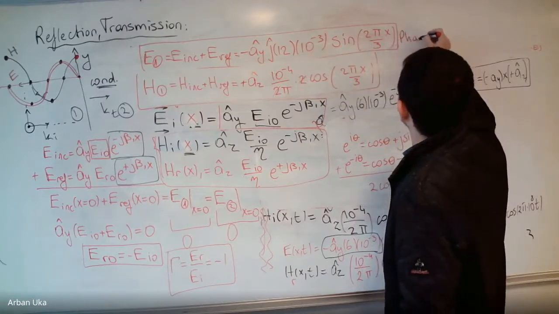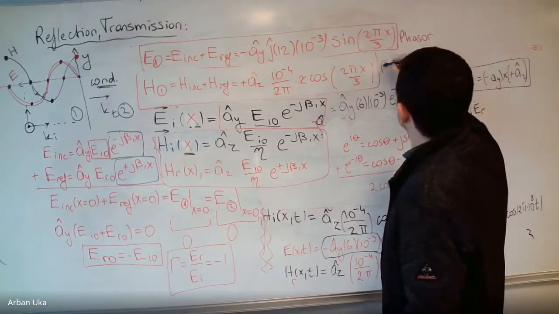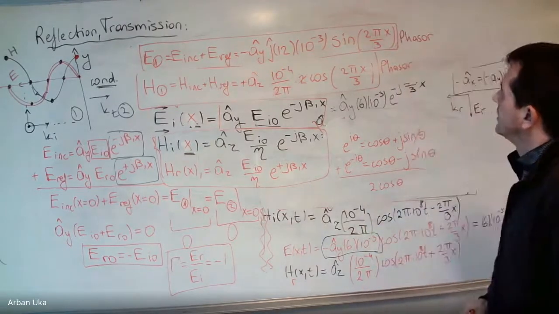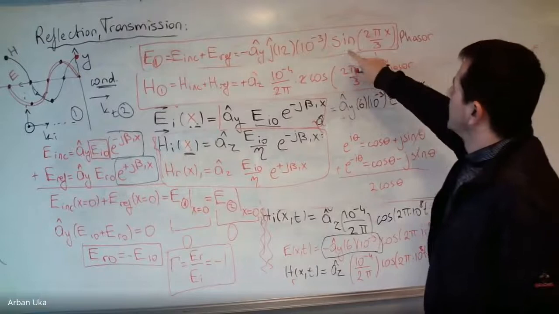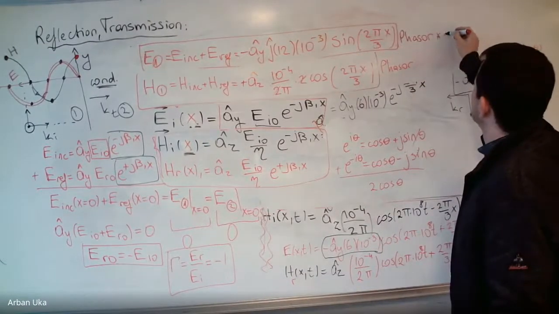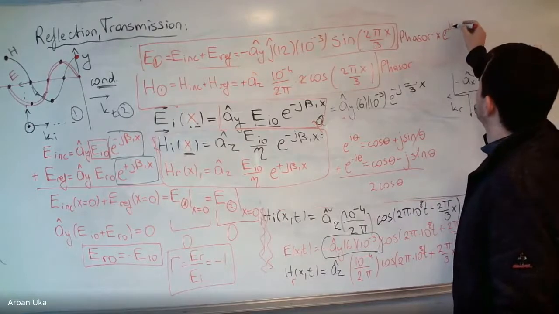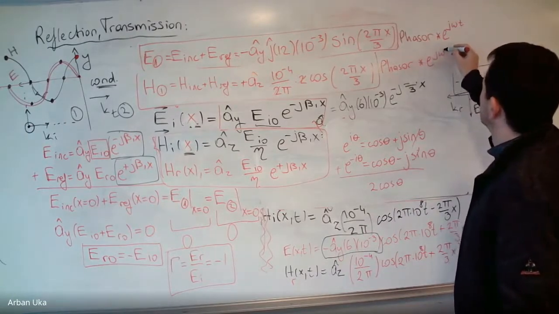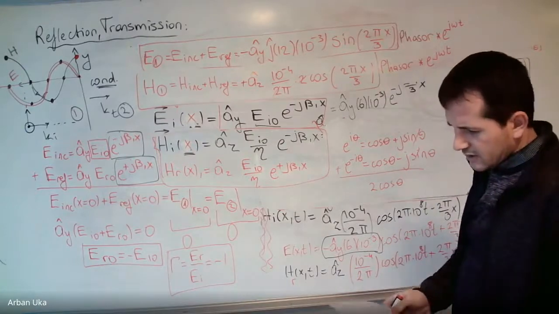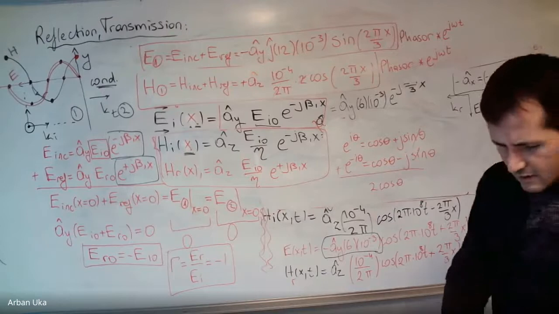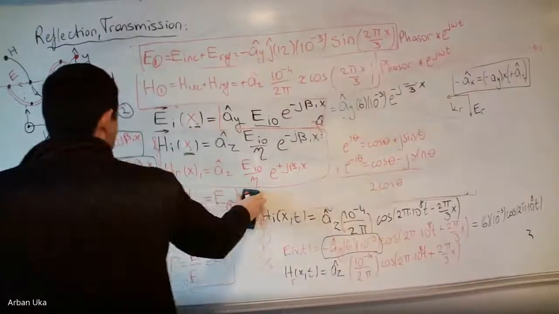In order to add the time, all we need to do is multiply these phasors times e to the power j omega t, and we calculate the instantaneous expressions.